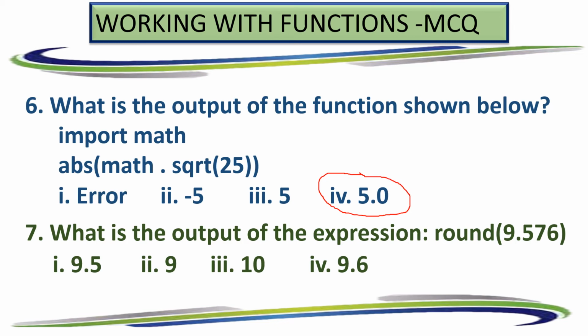Now, what is the output of the expression round(9.576)? The round function returns the nearest integer, so 9.5 and above will be rounded off to 10. So 10 is the right answer here.